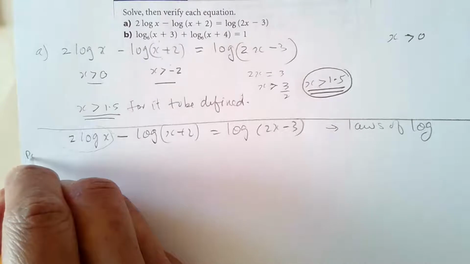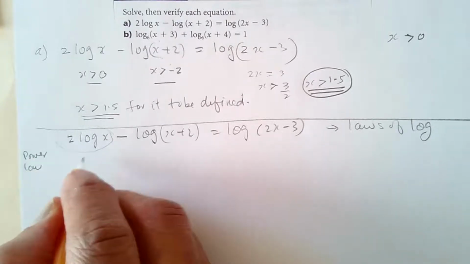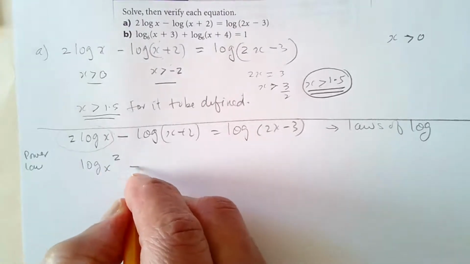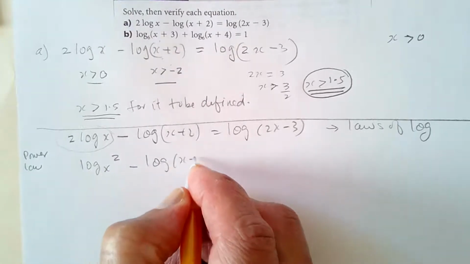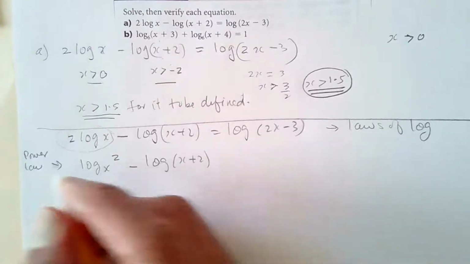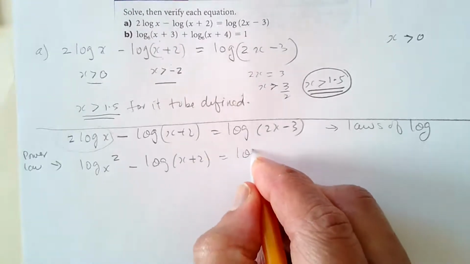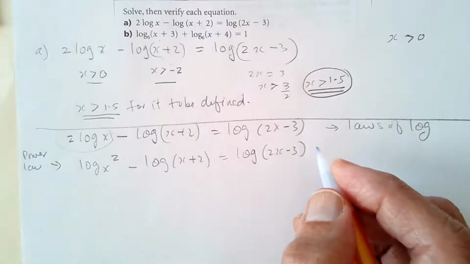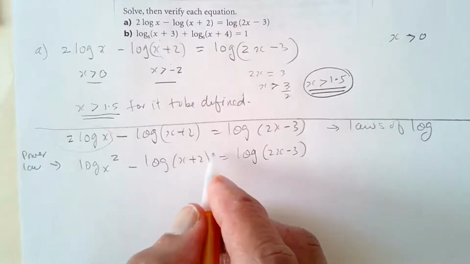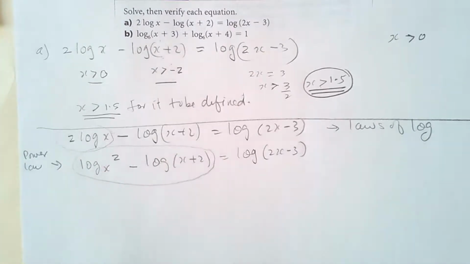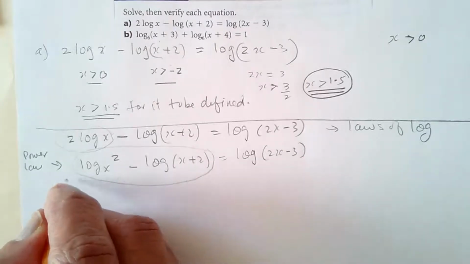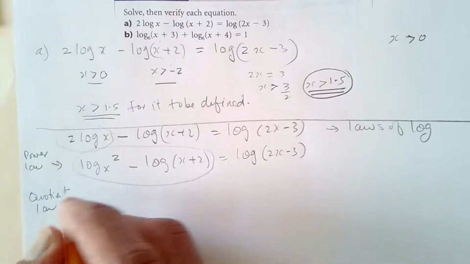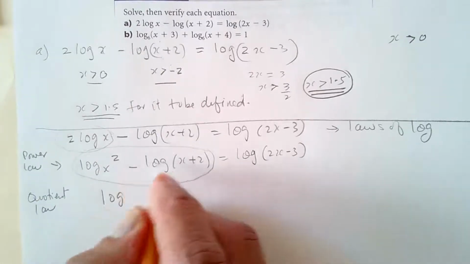So we have 2 log x becoming log x squared, minus log. Now we are going to use the quotient law. Putting this together.